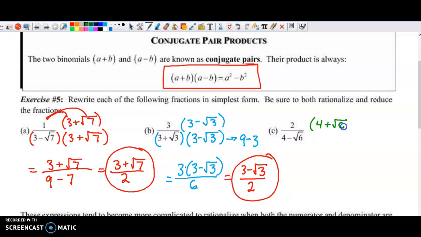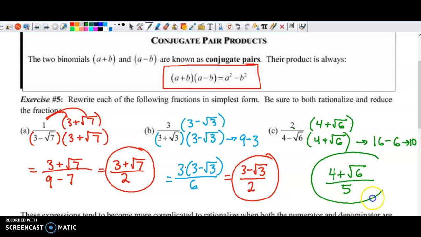Notice I'm changing the operation in the denominator to be the opposite. So when I work in the denominator, I get 16 minus 6, since root 6 times root 6 is just 6. That's 10. And I'm thinking about how 2 goes into 10 5 times. So the best answer that we can come up with is 4 root 6 all over 5.